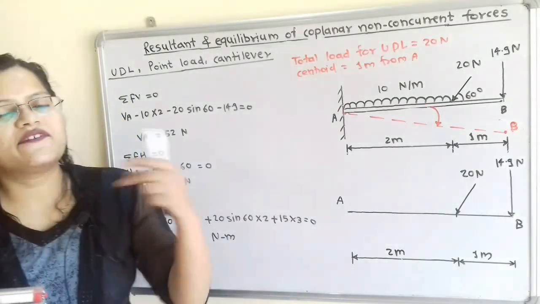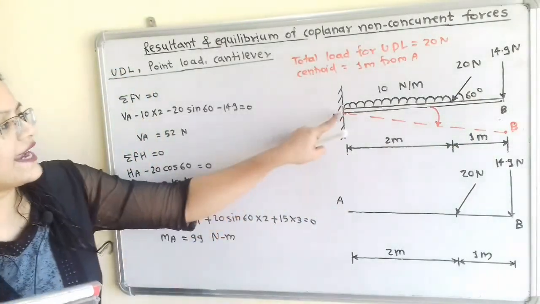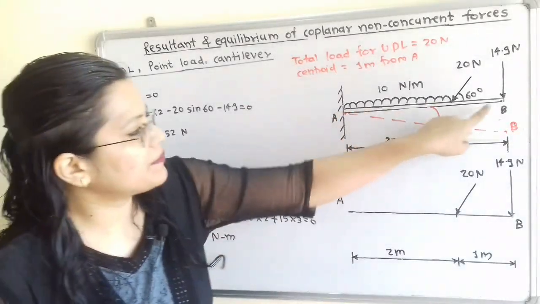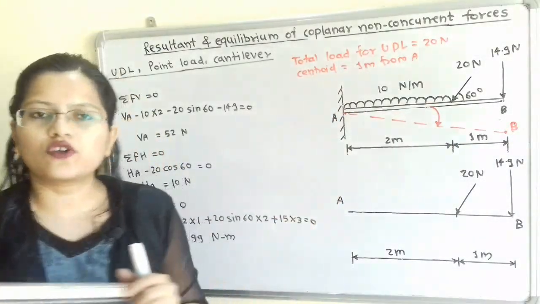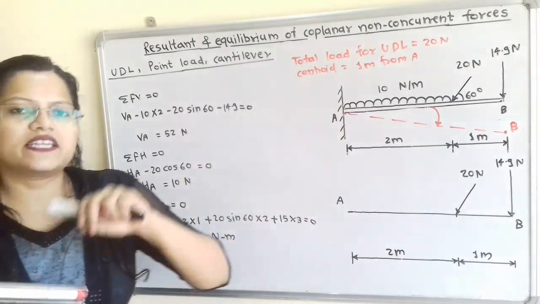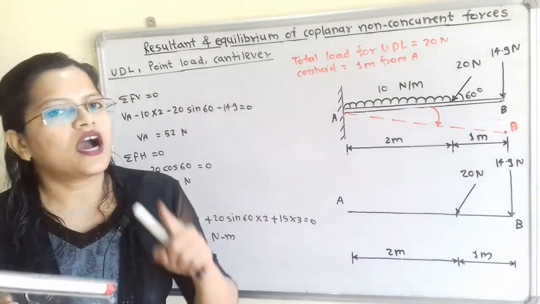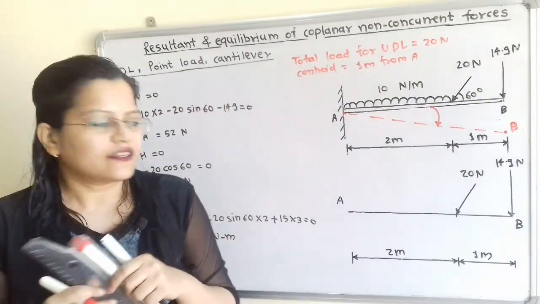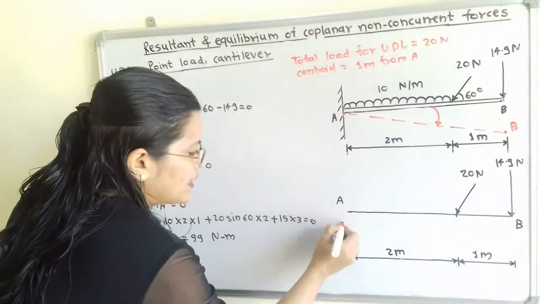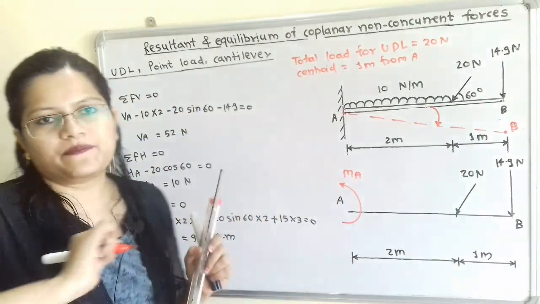Now we will show the different forces that are applicable for this diagram. At end A, this end is fixed and we know that this beam AB will try to rotate in the clockwise direction. But at end A, because it is fixed, it will apply the moment of force in the opposite direction about the point A. So we will show here the moment about A in the anti-clockwise direction, and this is known as MA.